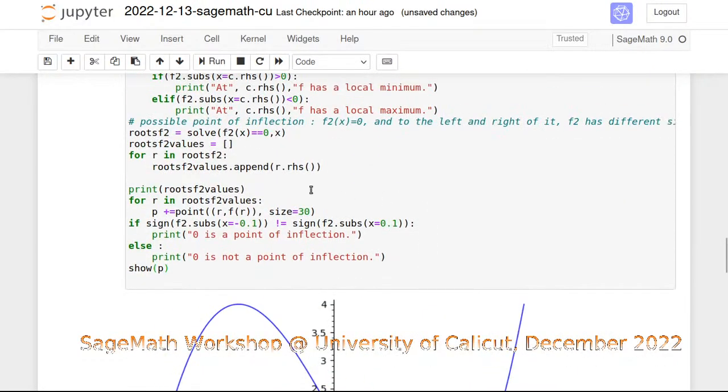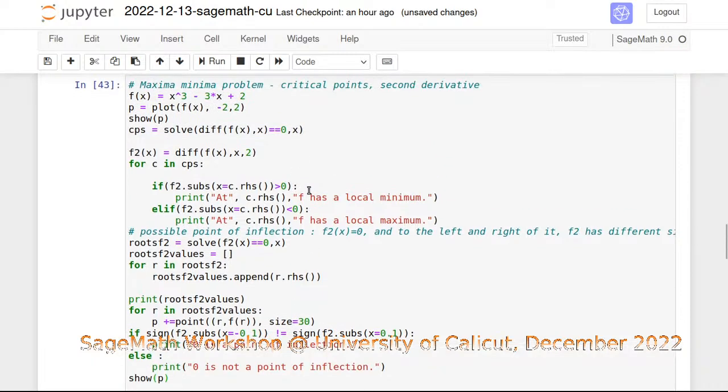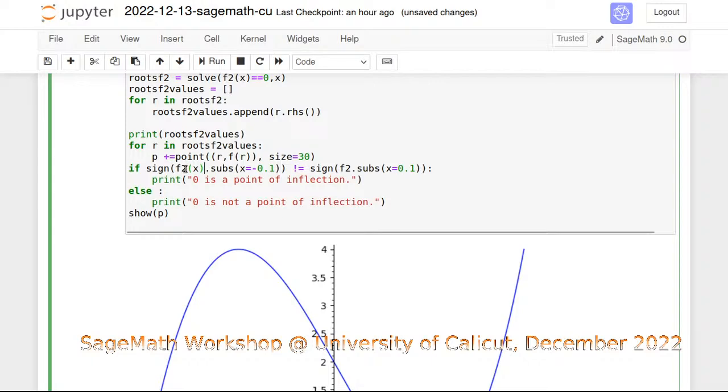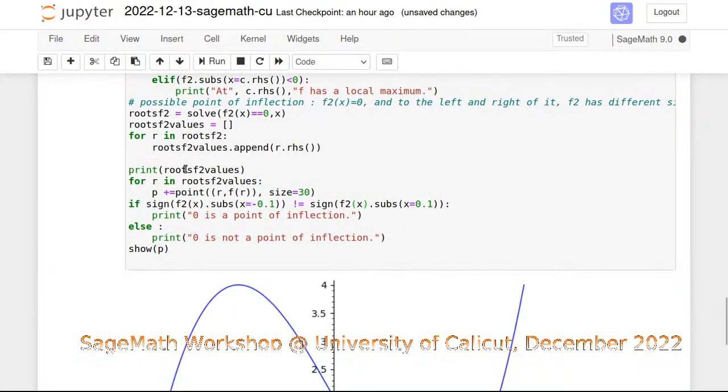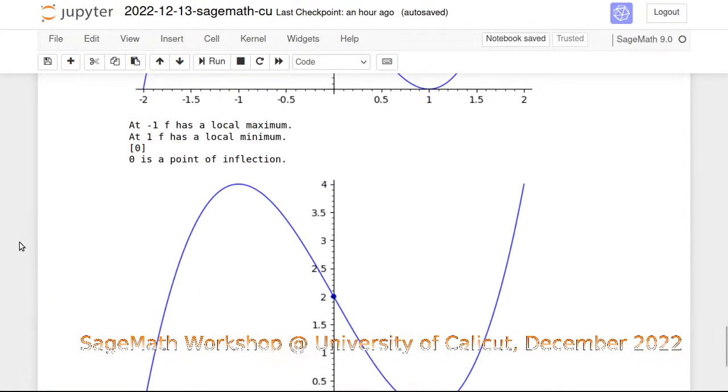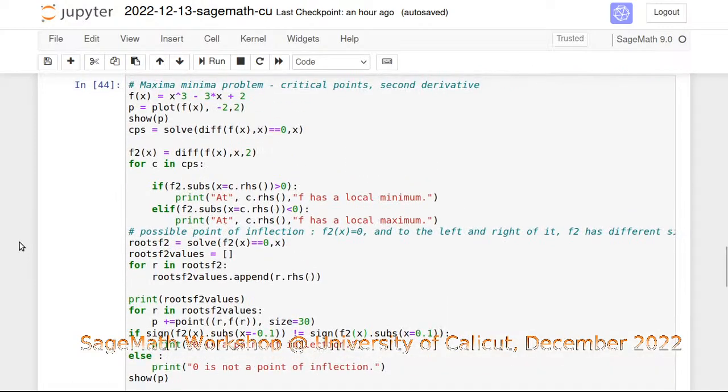So what is our f2 here? Or should I just use f2 of x instead? Okay, 0 is a point of inflection. That's it.